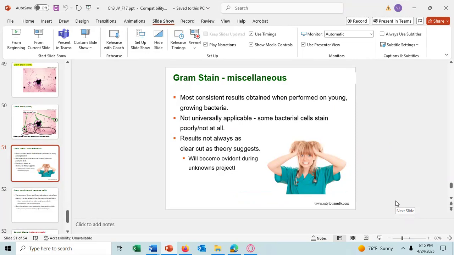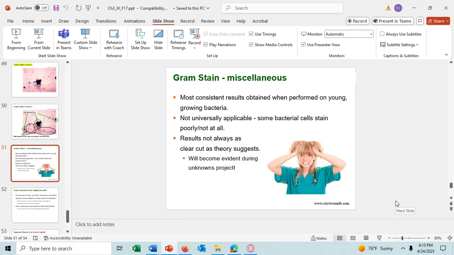You should grow them up on a fresh petri dish or tube, growing for up to 2 days, and then use those freshly growing cells to make your smear for the Gram stain.